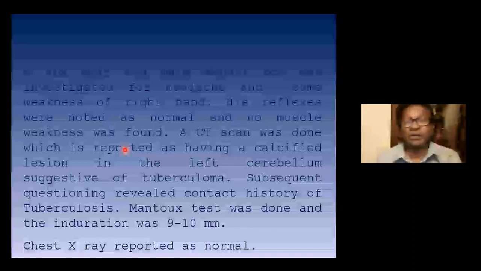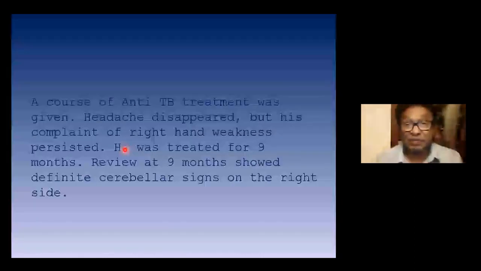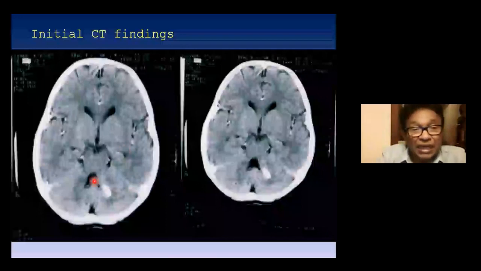So a course of anti-TB treatment was given, the headache disappeared, but the complaint of right hand weakness persisted. But when he was seen after 9 months, we saw this child was having cerebellar signs coming up now. So we did an MRI. Now this is the original CT. You can see that there is a calcified mass here.